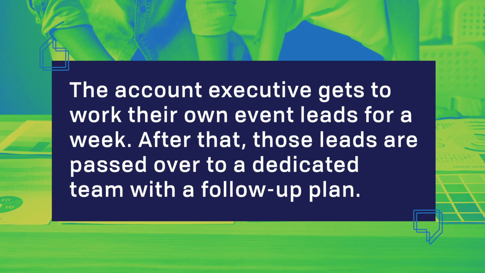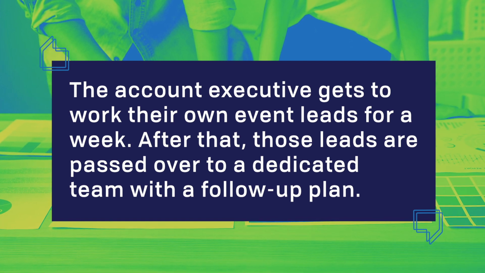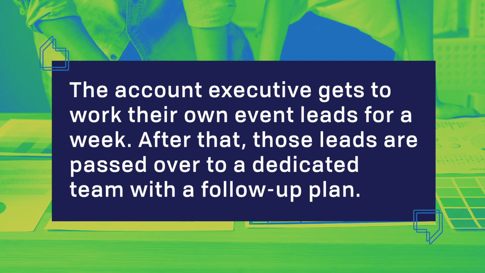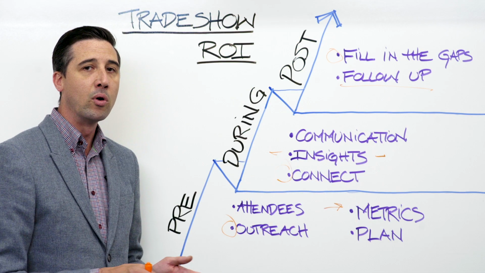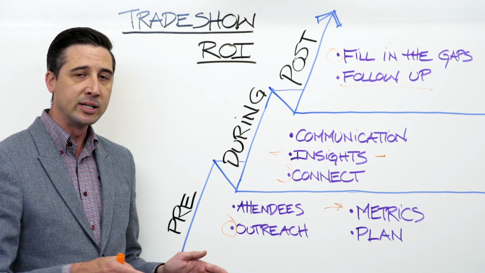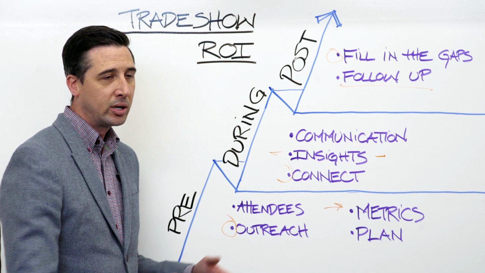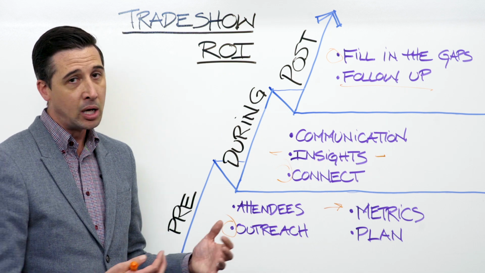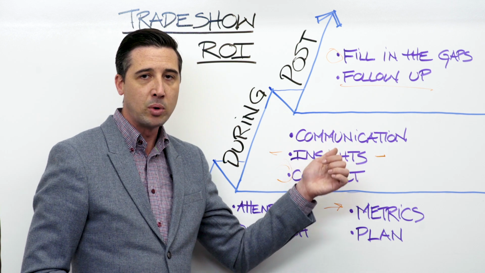So what we've done here is once we reach that time limit of that 48 hours where the account executive gets to work it, their SDR, if they're paired one-to-one, gets to work it for the week. So they get an additional week to work it. And then once that week is over, we take away all of those leads, all of those badge scans, all of those collected cards, and we give them to what we call our SWAT team.